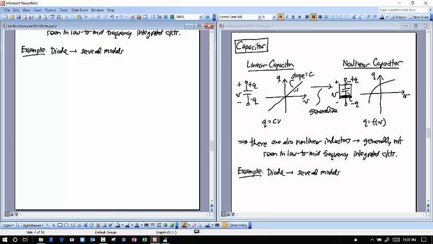But all of which represent nonlinear resistors. So a diode basically is a nonlinear resistor. Okay, so let's take a look at that.